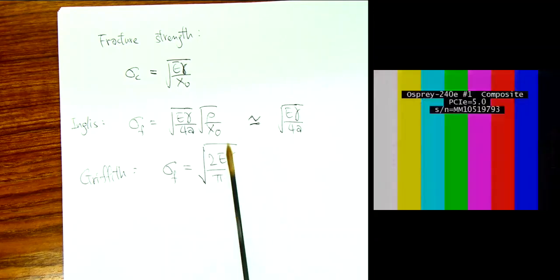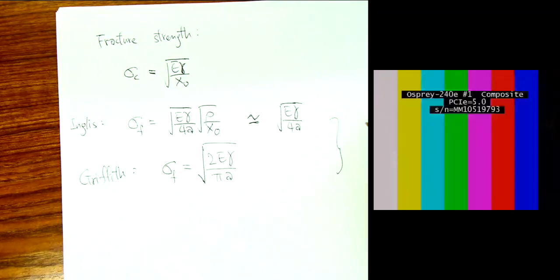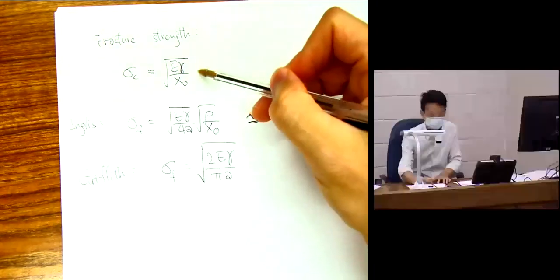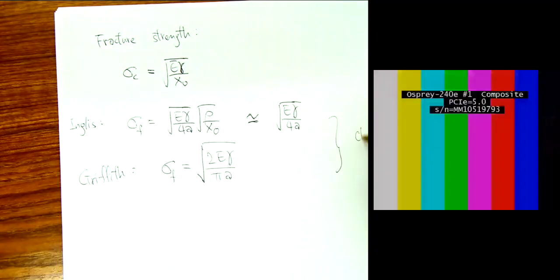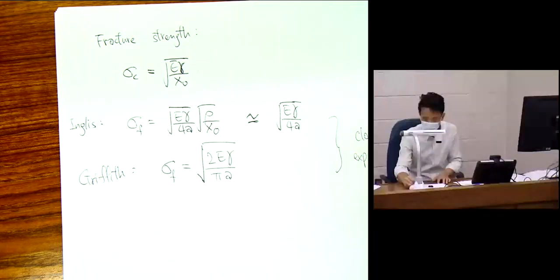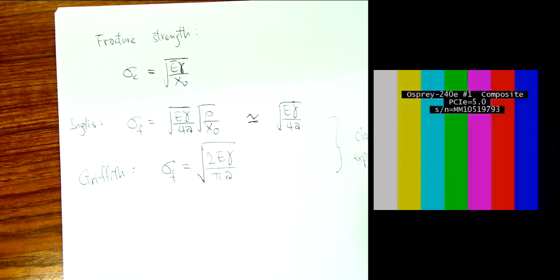And it turns out they are both of the same order of magnitude as the experimental strength. They're much closer to the experimentally measured strength. The cohesive strength does not.